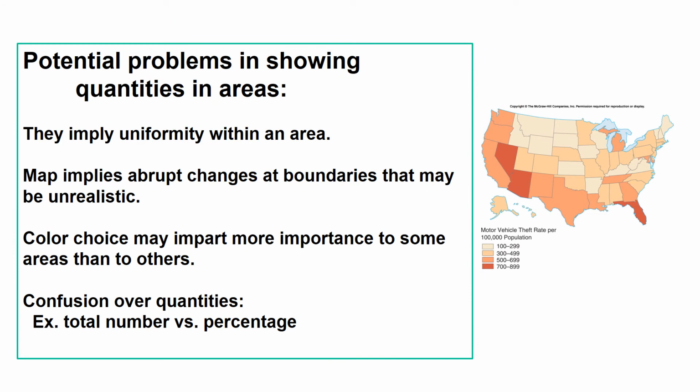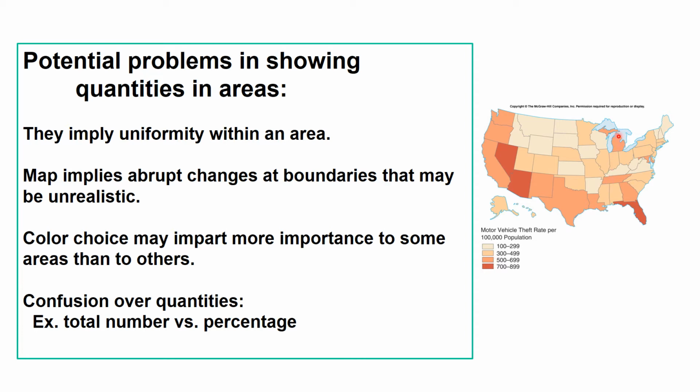There are some problems in showing this, and again, you have people that are practicing cartography without a license. For one, they imply uniformity within an area. For example, over here in the state of Michigan, is this Michigan up here? Yes, it's the Upper Peninsula. Okay, so the theft rate is at least 500 motor vehicle thefts per 100,000 population.